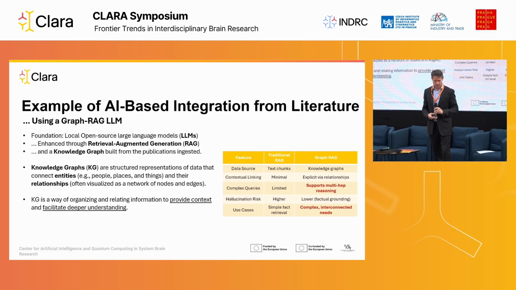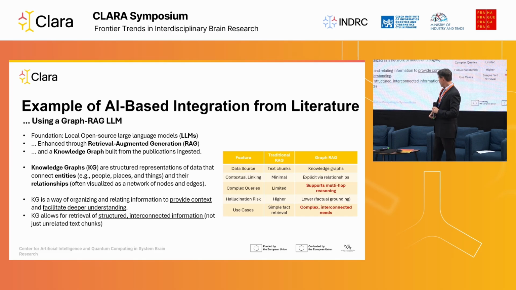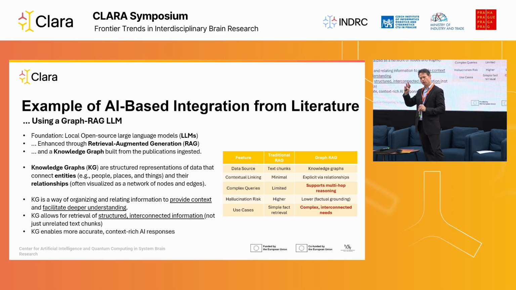So why knowledge graphs? Well, knowledge graphs are a good way of organizing information. They help provide context and facilitate a deeper understanding. They also allow for structured interconnection between information. If you imagine that you have multiple papers that mention different aspects of the disease, you could now link papers that originally seemed completely unrelated, because they share some nodes.